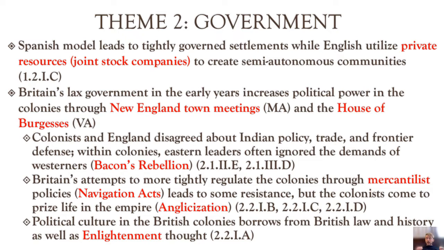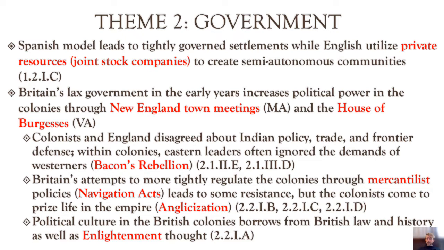And even within the colonies, you will see an east-west split, oftentimes as the East Coast facing England tries to do what England says and sometimes ignores the concerns of what's going on in the West. A great example of that would be Bacon's Rebellion, where Westerners feel like they're being ignored by Easterners, and Easterners are not coming to the defense of the Westerners against Indian attacks.